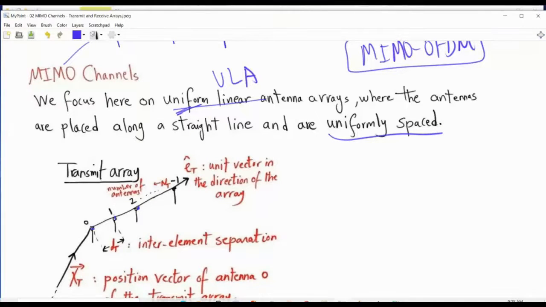Yes. Can you deploy the antennas in a rectangle, in a two-dimensional array or something like this? Yes. Okay, so all these are possibilities, but conceptually, this will be enough. Think of the antennas as arranged along a line, and they are uniformly spaced.